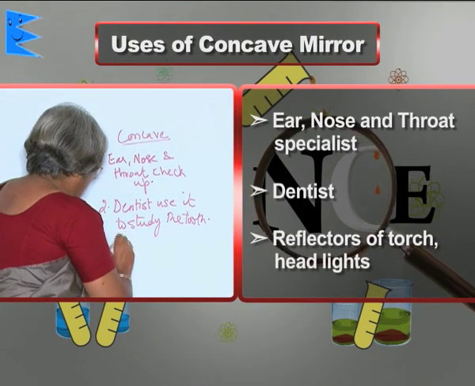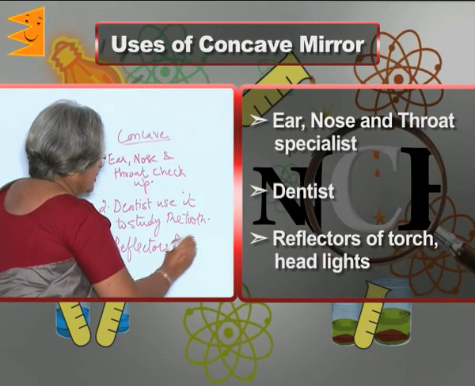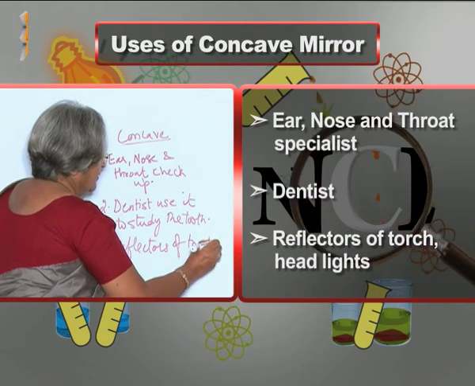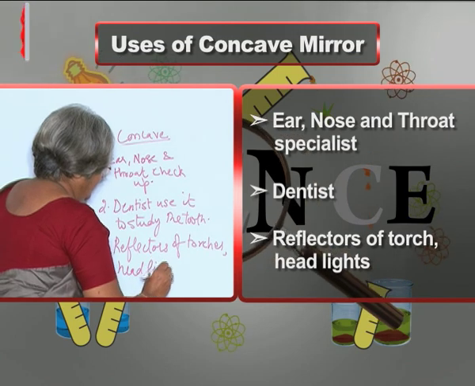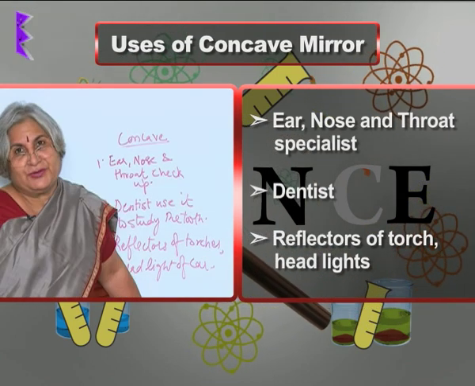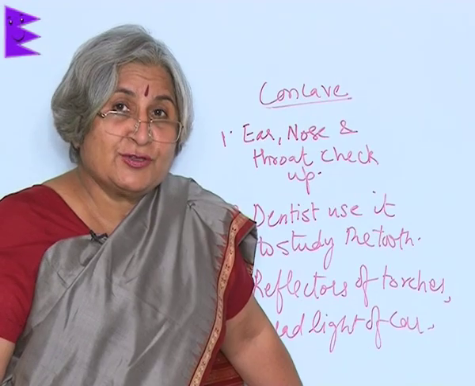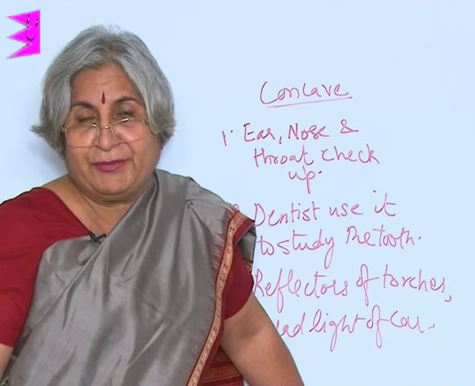Then the reflectors of torches, headlights of car, they are all concave. So, then which mirror is used in the vehicles like car when we want to have a rear view?